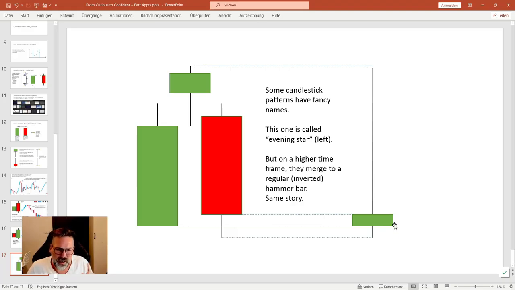So there you also see that the higher the time frame, the fewer details you see, the more abstract it gets, right? So the abstraction is higher on a higher time frame. Now on a lower time frame, you see more about what's going on.